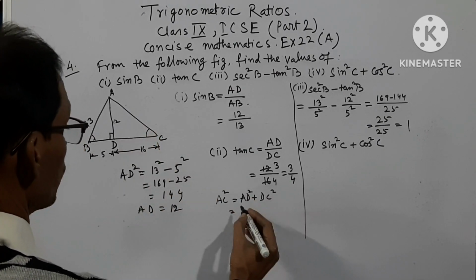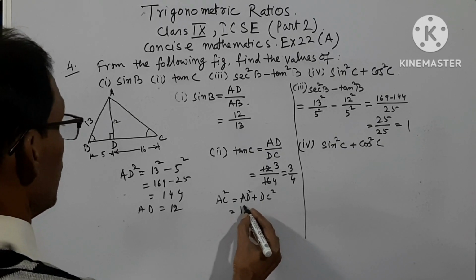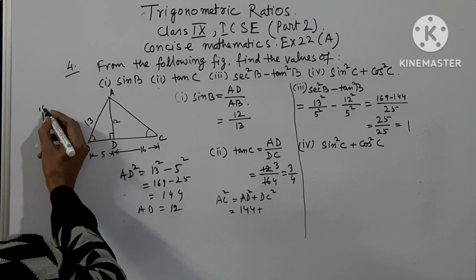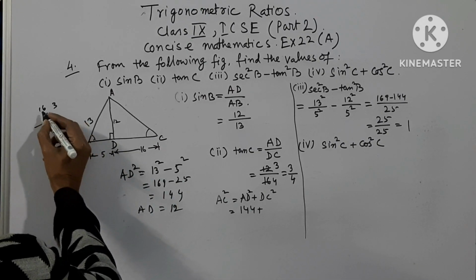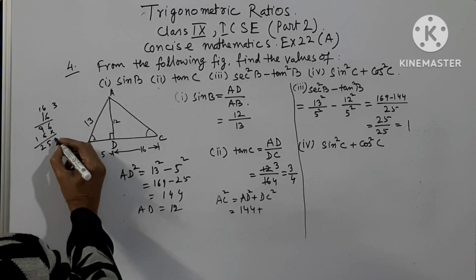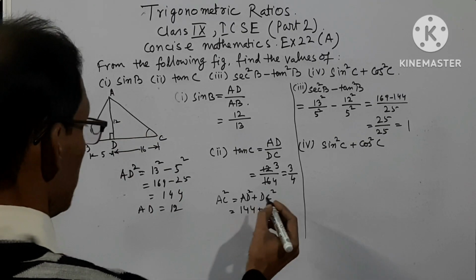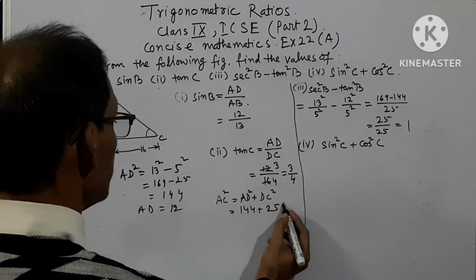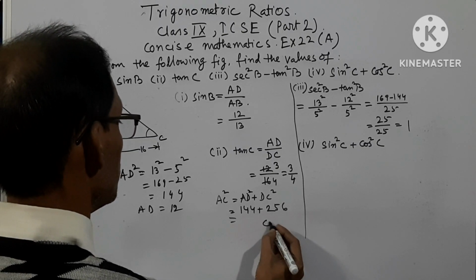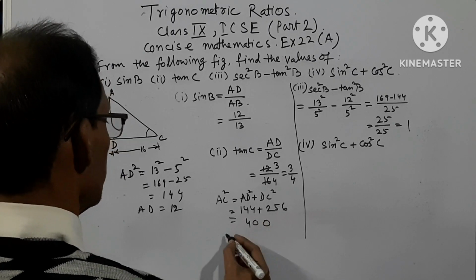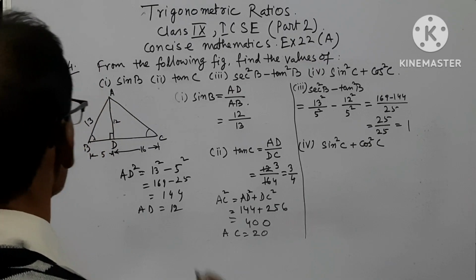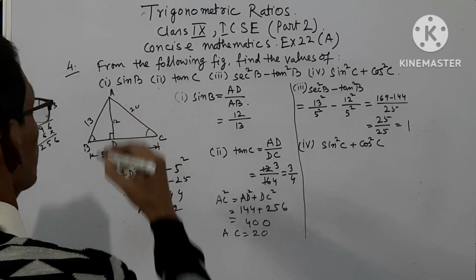So AD is 12 square, 144 plus 16 square, 16 into 16, 256, 400. That means AC equal to 20. This you can write down, AC equal to 20.